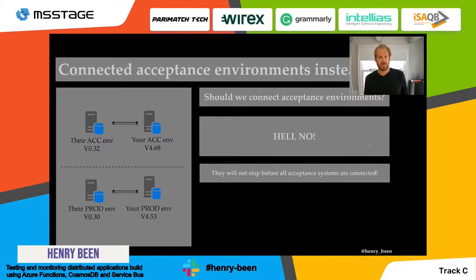It works perfectly. And we want to go to production with our environment. So we're going to make this change and we're going to update production to 4.86. There is a good chance that everything will stop working. Why? Well, because we verified that our 4.86 works with their 0.32, but we have no clue if it works with their 0.30.